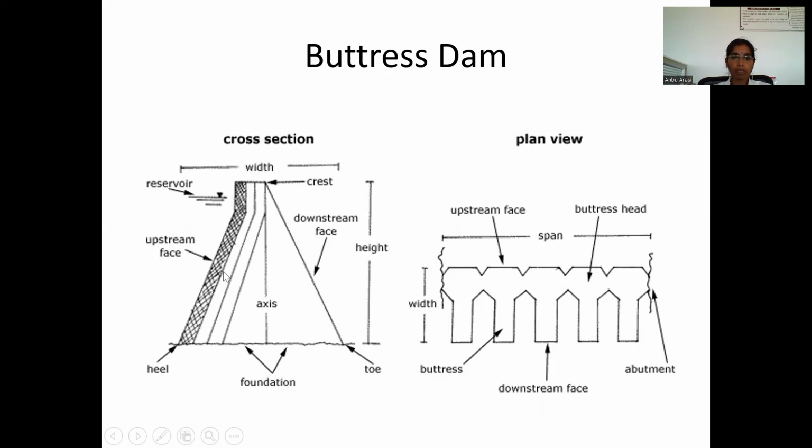This is the cross section of the buttress dam, and this one is the plan view of the buttress dam. The buttress dam is suitable where the rock is capable of bearing pressures of 2 to 3 megapascal. Buttress dams require between a half and two-thirds of the concrete required for a gravity section, hence making them more economical for dams over 14 meters.